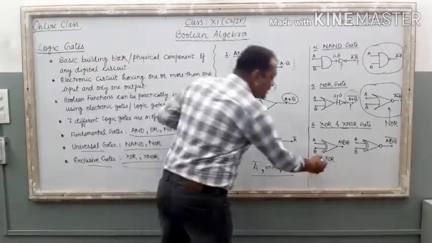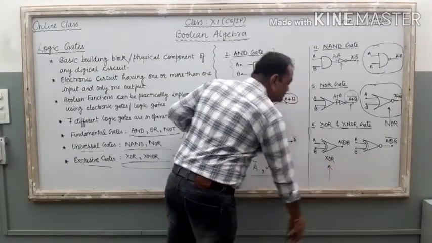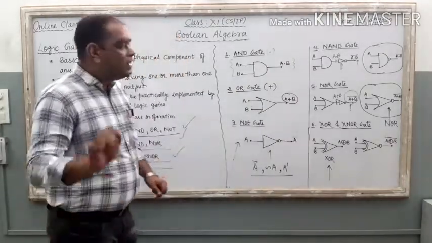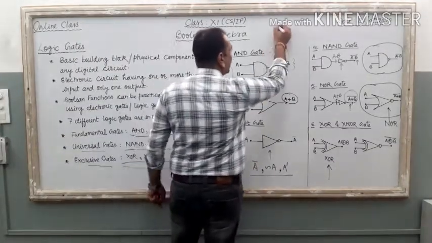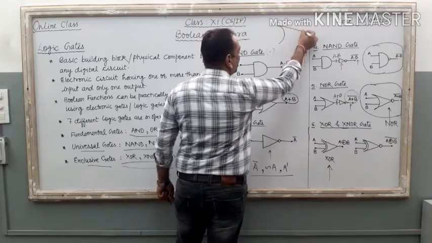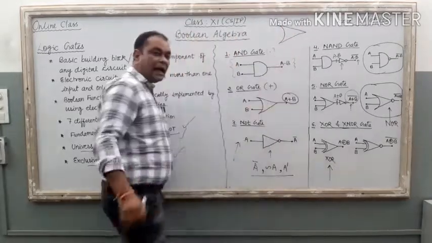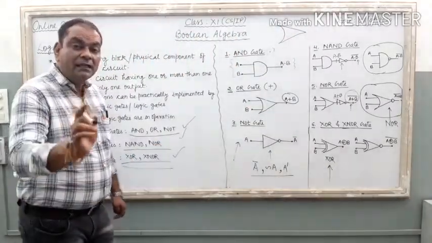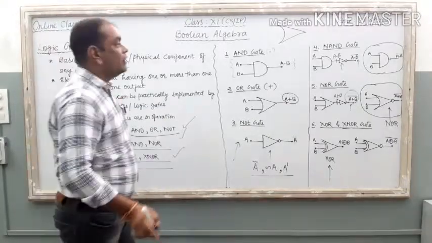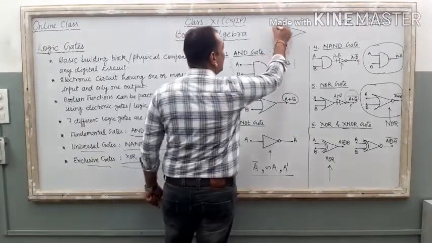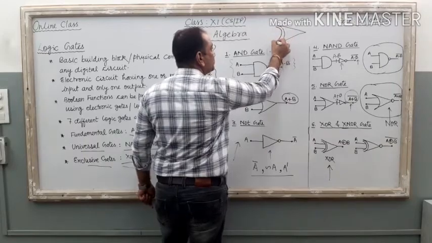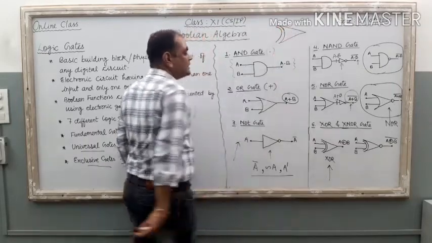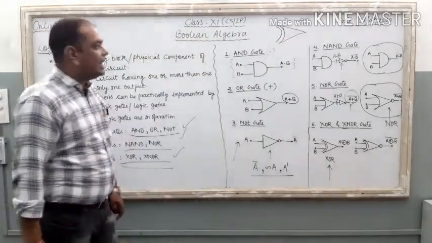Now the diagram of this XOR gate, just see the diagram. Just draw the diagram of OR gate like this one. It is the OR gate, simple joker's cap, and then the OR gate with an additional curve. Here you just add one more curve at this position. So it is known as the XOR gate.